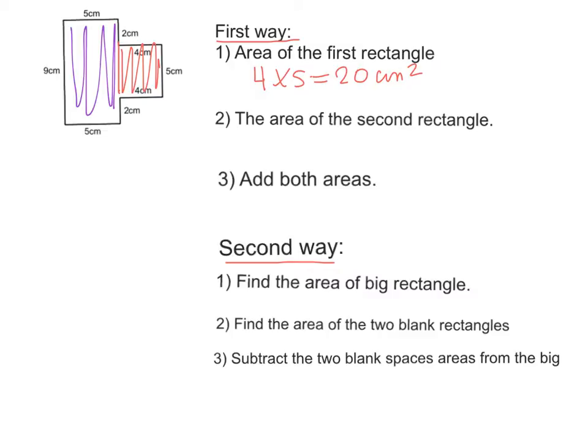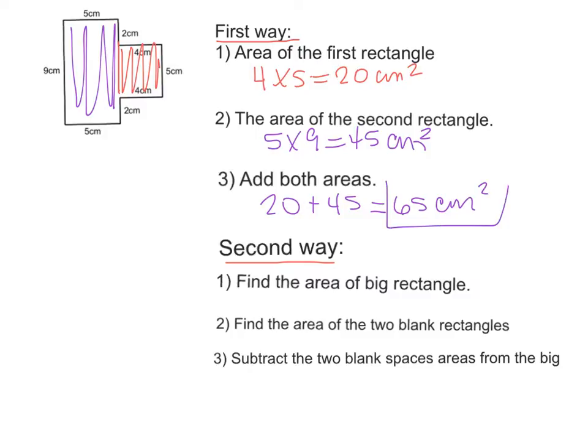I will write 5 times 9, 45 centimeters square. Now, I add both areas, and that is 20 plus 45 equals 65 centimeters square. So that's one way to do it.